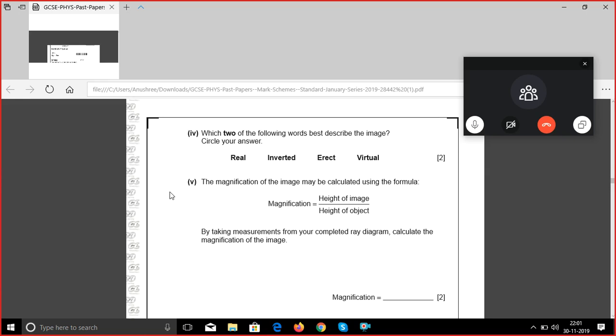Okay. The magnification of the object may be calculated using the formula by taking measurements from your completed ray diagram. Calculate the magnification of the image. Magnification of the image is height of image divided by height of the object.